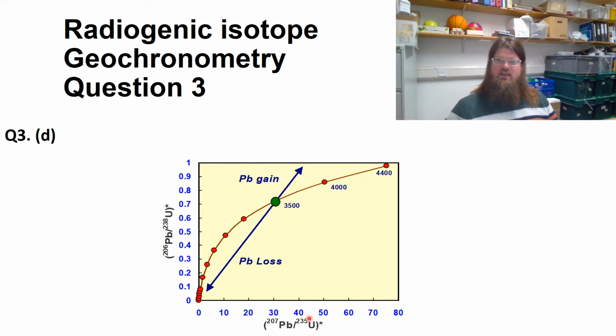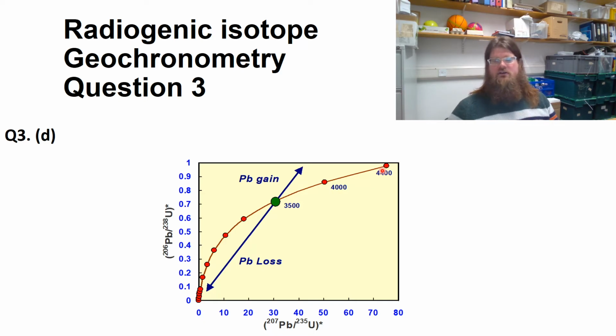Okay. So if a sample has not lost or gained any parent or daughter isotope, and it has only changed its uranium content and lead content by the process of radioactive decay, then it will fall somewhere along this red line. And the older it is, the further up towards the top right it will go.